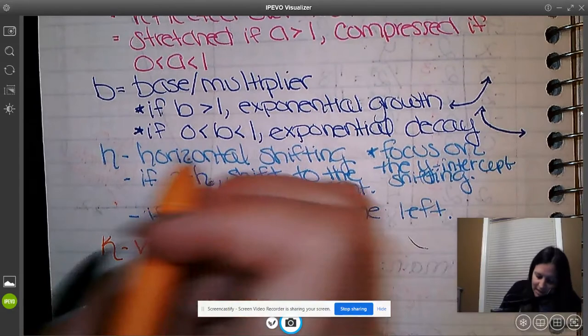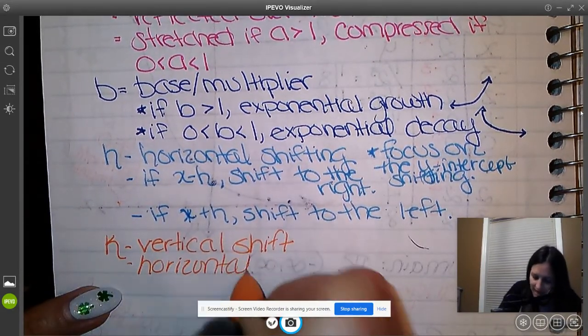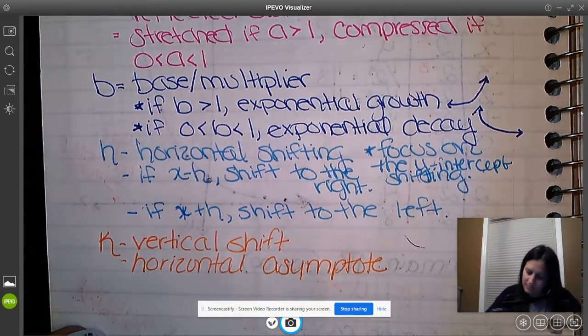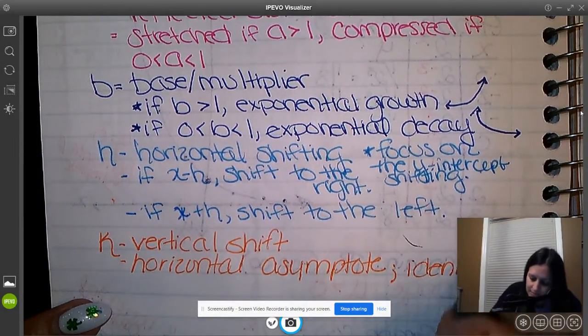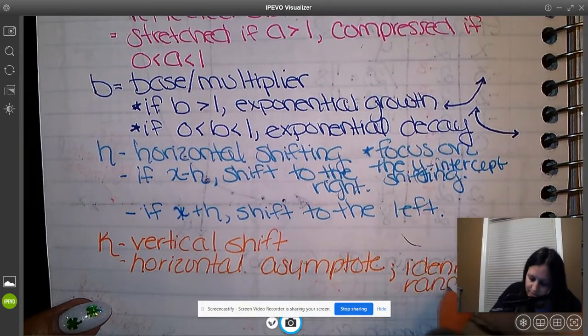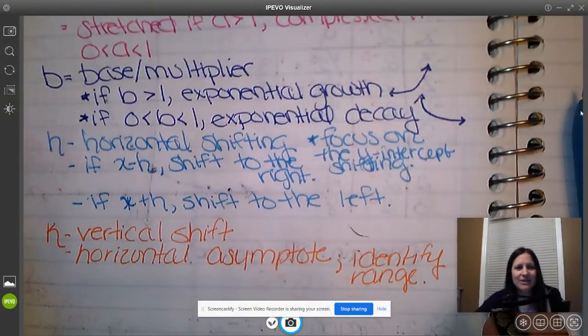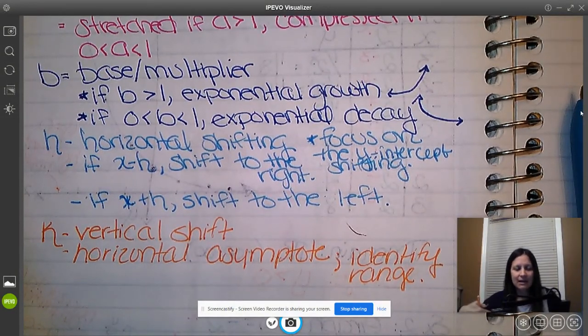This also tells you your horizontal asymptote, and it will help you identify your range. So the K is the vertical shift, plus is up, minus is down. It tells you what your horizontal asymptote is, and it helps you to identify the range of the function.